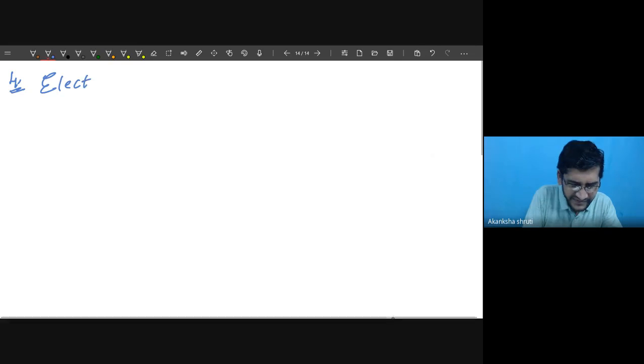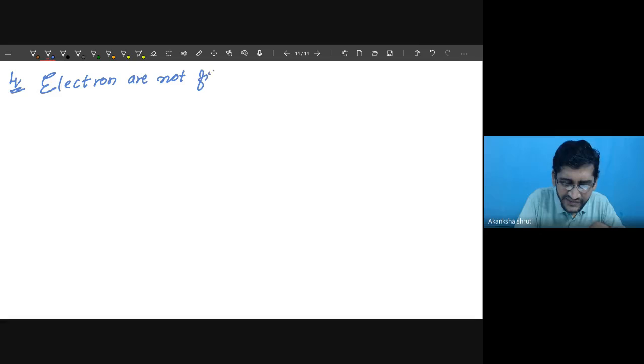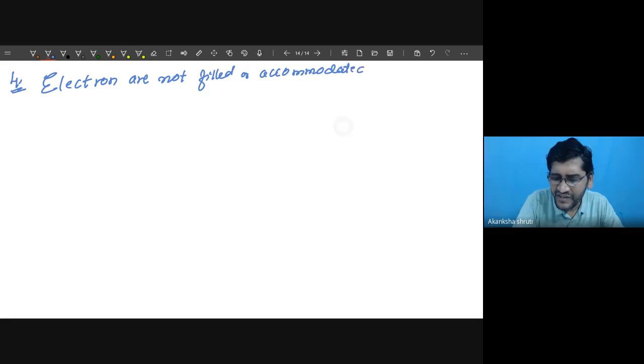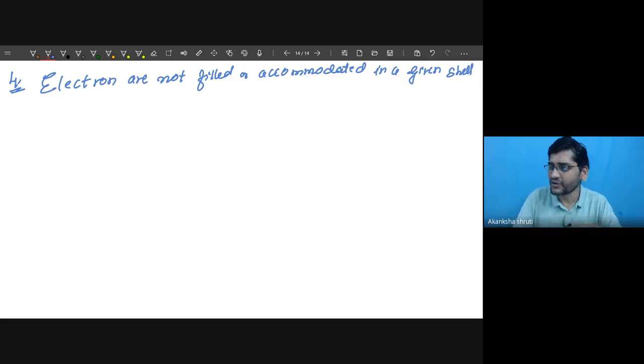Electrons are not filled or accommodated in a given cell unless the inner cells are filled completely. It means if we go directly to the M cell and want to put the 8 electrons for oxygen, we cannot.